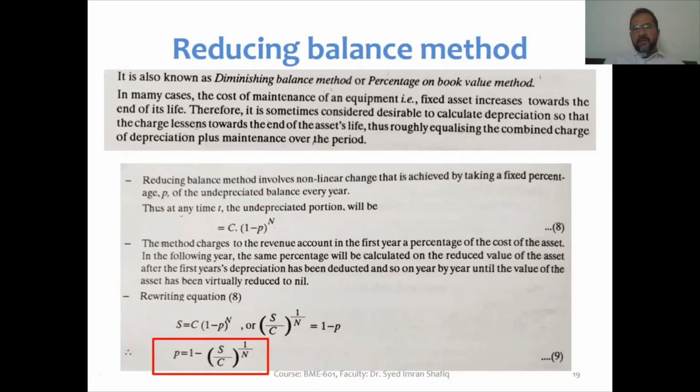So to balance the maintenance at the end and at the start of the serviceable life, there is a certain percentage on the book value to calculate depreciation. It can be calculated by this formula: P is equal to 1 minus (S divided by C) whole raised to the power 1 upon N.